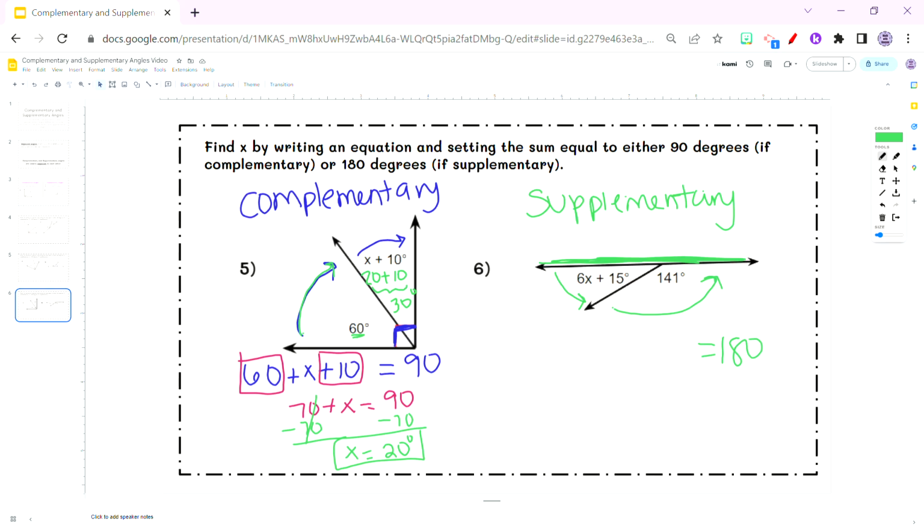All right, so the first angle is 6x plus 15, and the second angle is 141. So let's add these together. We have 15 plus 141. And that gets us 156.